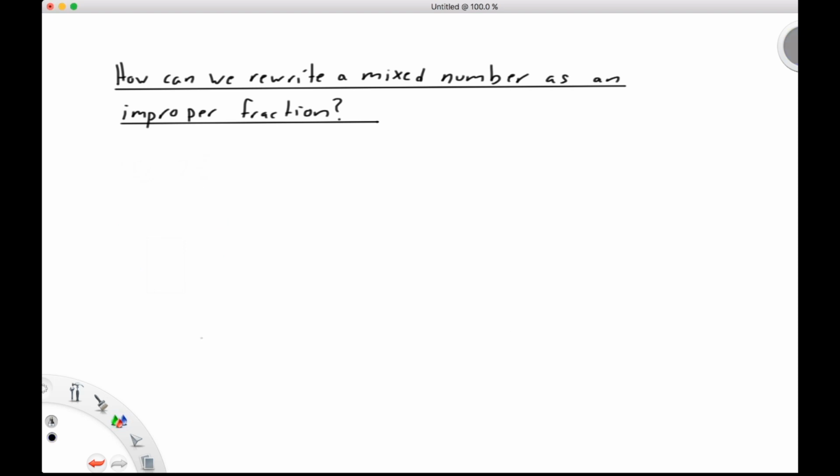And the more you work with this, the more you'll start to realize there's a really nice pattern here. Let's say we had something like 6 7/12. Well, we've still got the same idea.